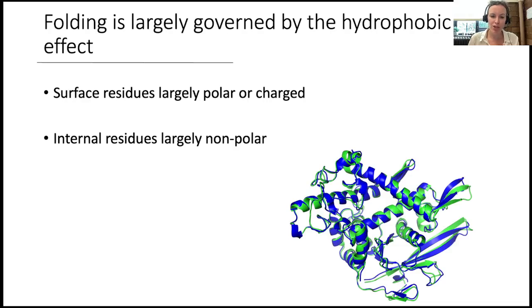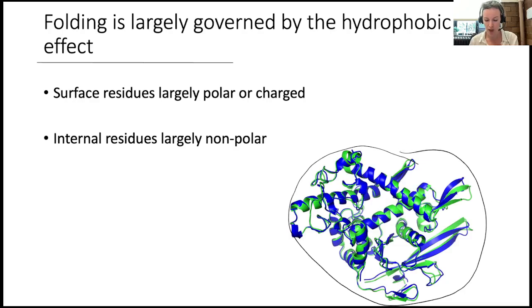So we should imagine this protein surrounded and dissolved in water. So here's our protein, and all around it we have water, right? We would therefore expect, since this protein is surrounded by water, that all the interactions with water are favorable.